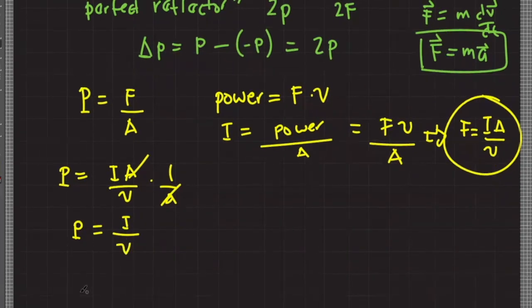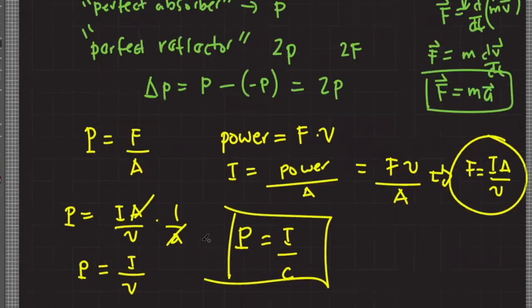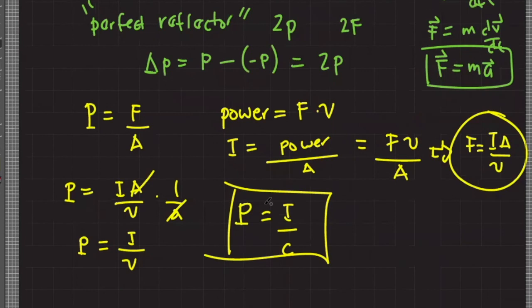Now, if the electromagnetic wave propagates in vacuum, then this speed must be the fastest speed possible for an electromagnetic wave, which is c, or the speed of light. Therefore, for an electromagnetic wave traveling in vacuum, this is the expression for radiation pressure. Now, if the process involves a simple transfer of momentum, like in a perfect absorber, then this is our expression for pressure.